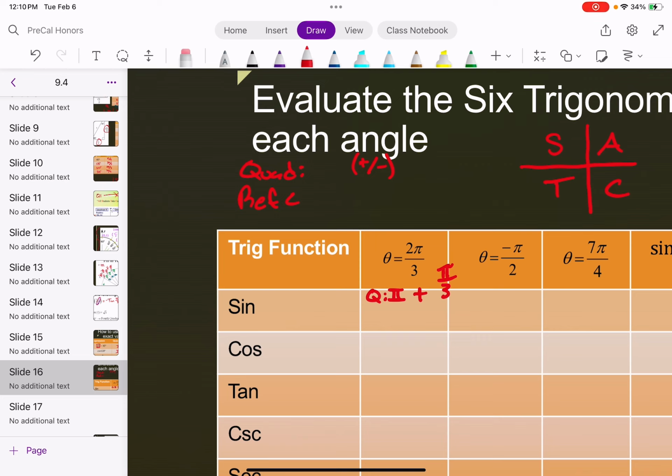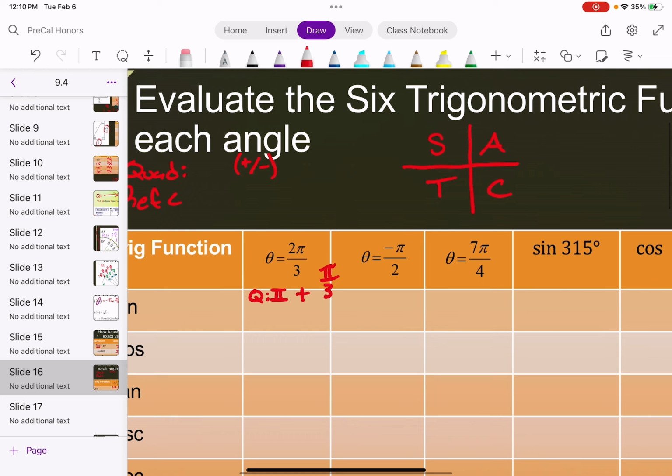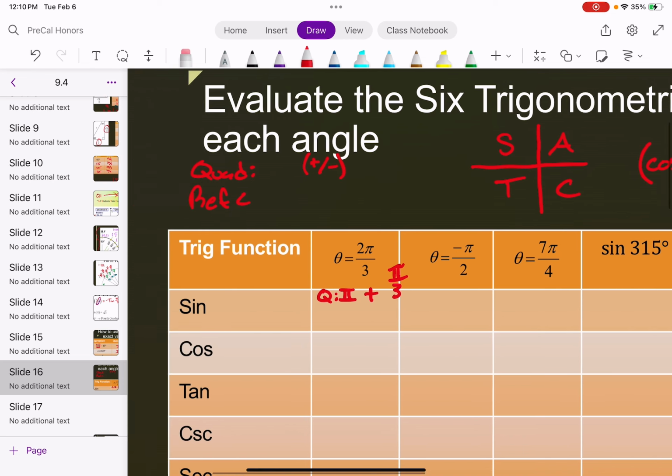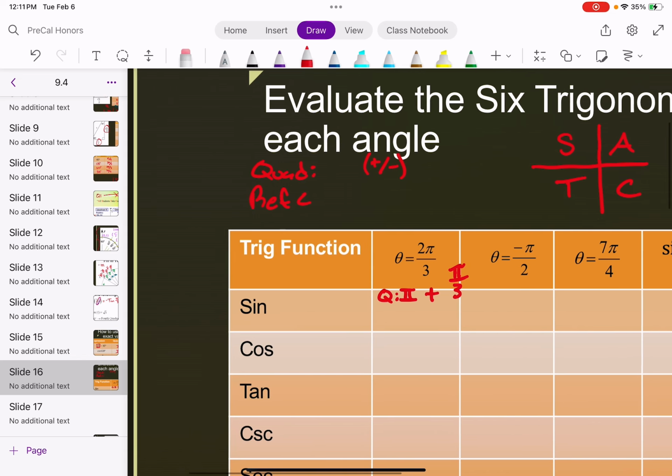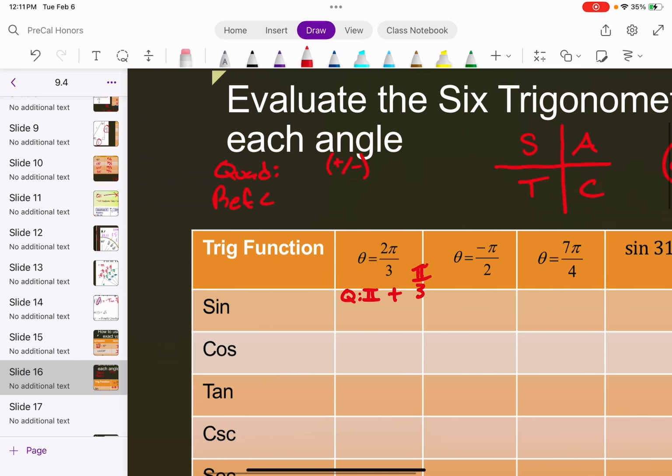Once we have that, we can take a look at what the sine would be of our exact point. Remember, every single time that we're looking at the point, it is always cosine, comma sine. So in the case for 2 pi over 3, that would be square root of 3 over 2.